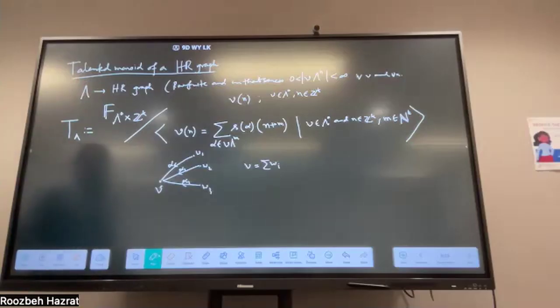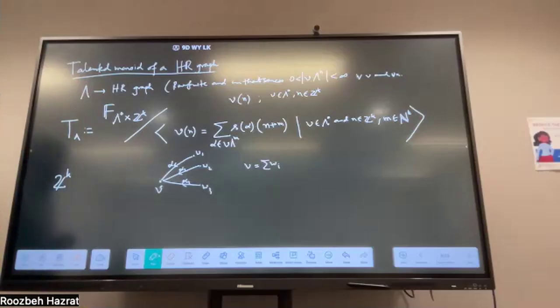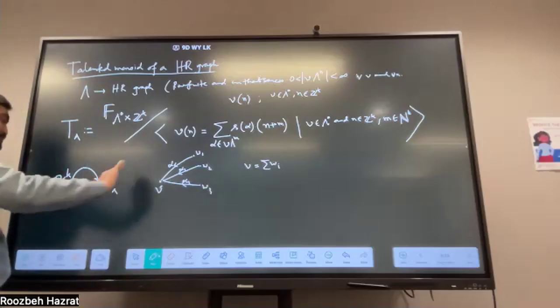Okay. And this monoid comes with the natural action of this free abelian group Z^k on the talented monoid, which is just going by increasing the shape.